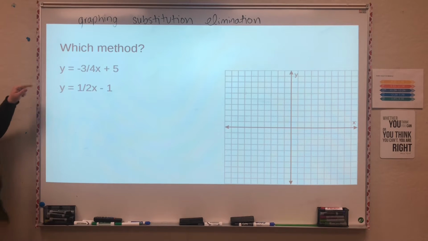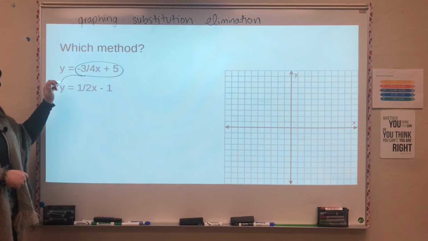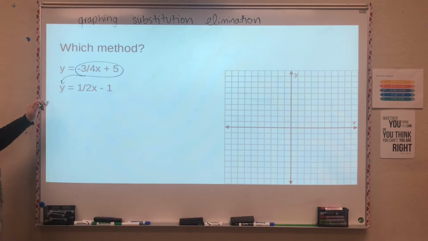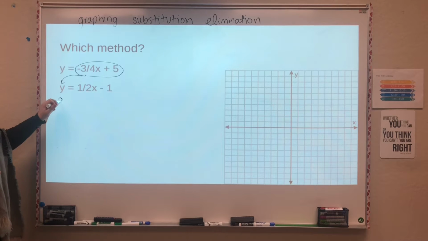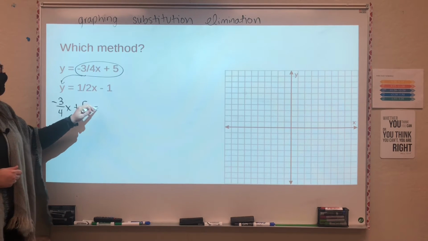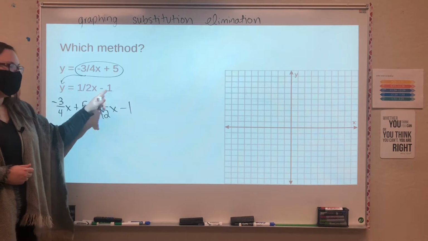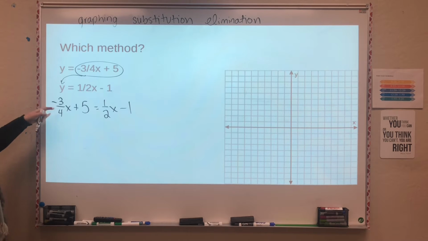If I wanted to solve this by substitution, what would I need to do? You would take one of the y equals and put it into the other one. So if we did that, that would give me negative 3 over 4x plus 5 equals 1 over 2x minus 5. Nice one. And then what are we going to do with this line?